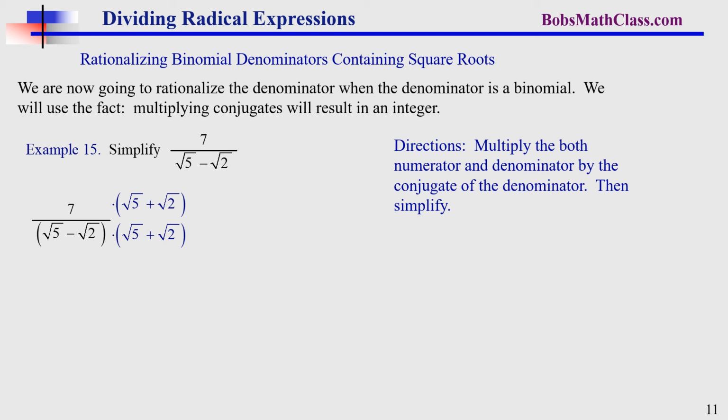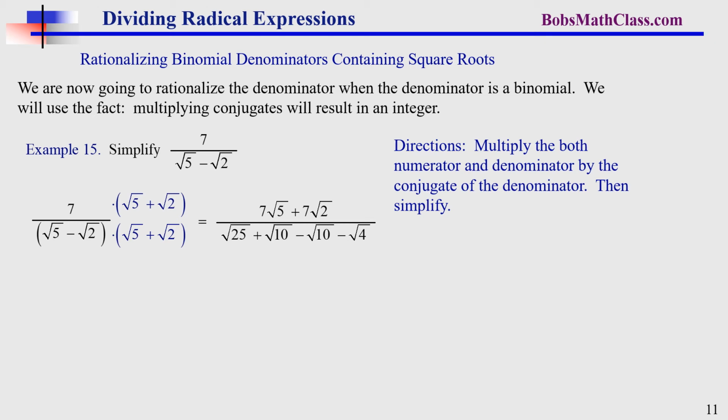So now in the numerator, you're going to distribute the 7, and in the denominator, you're going to FOIL. So you might want to pause the video and do that. You should know how to FOIL after doing the last video and homework. So the numerator is 7 square root 5 plus 7 square root 2.